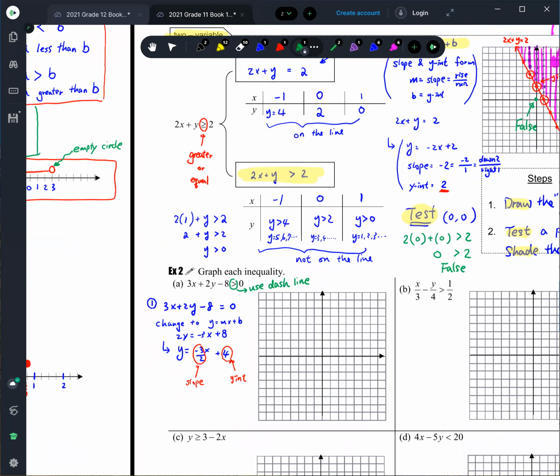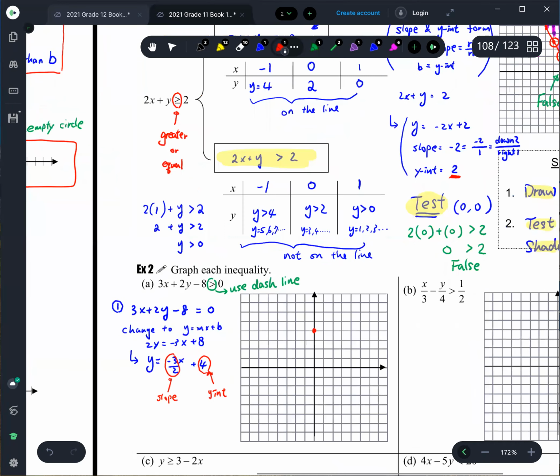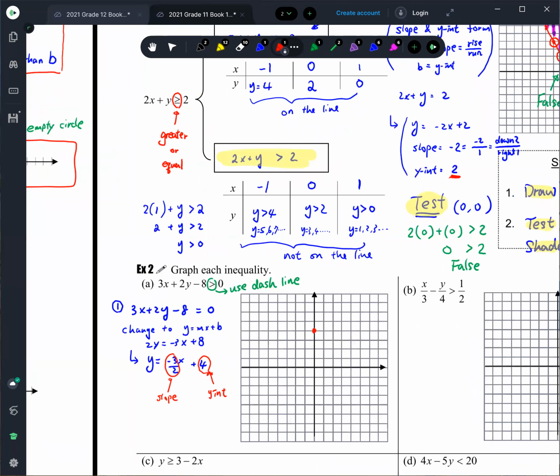The dashed line just means that the points on the line, we don't want to include as part of your answers. Okay, so the y-intercept is at 4, so you will have a point at 4 first. Then start counting the steps. Once you got the dashed line, please raise your hand.